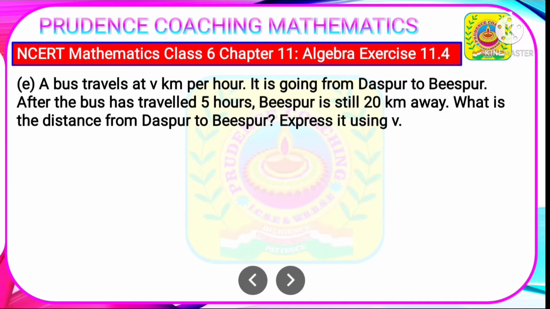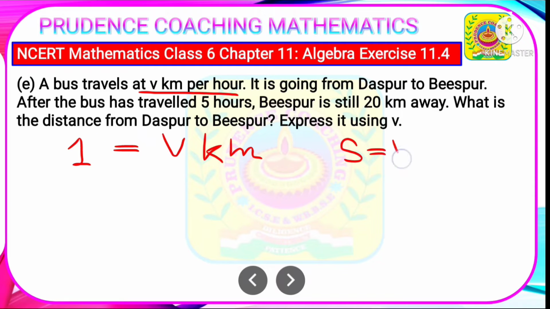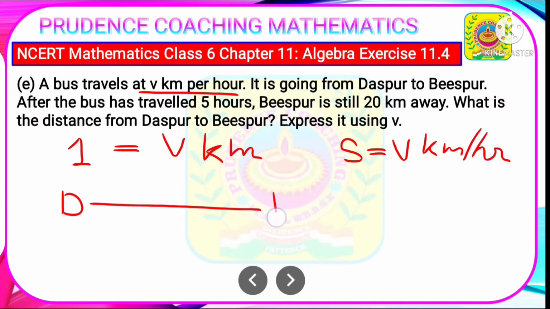A bus travels at v km per hour. That means in 1 hour the bus is traveling v kilometer. So this is the speed of the bus. So speed equals v kilometer per hour. Okay. Now it is going from Daspur to Bispur.